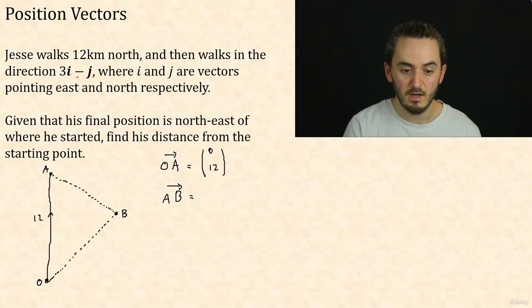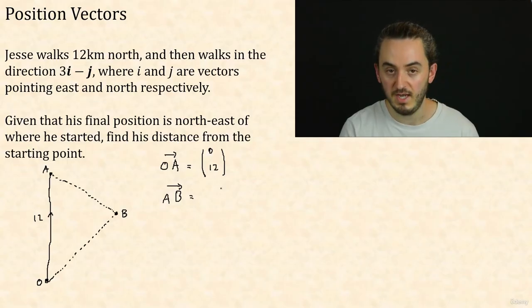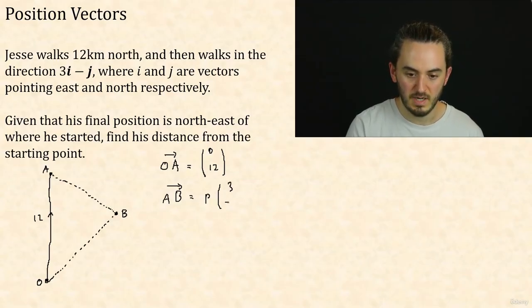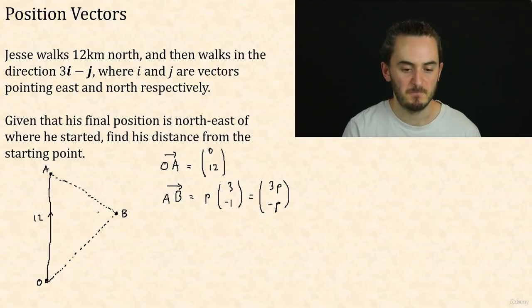It could be half of that, or 4 times that, or 20 times that, but he walks some amount of 3i minus j. And what we can do is say that he walks some amount, let's call it p, of 3i minus j, or if we like, he walks 3p and minus p. We just don't know what p is.